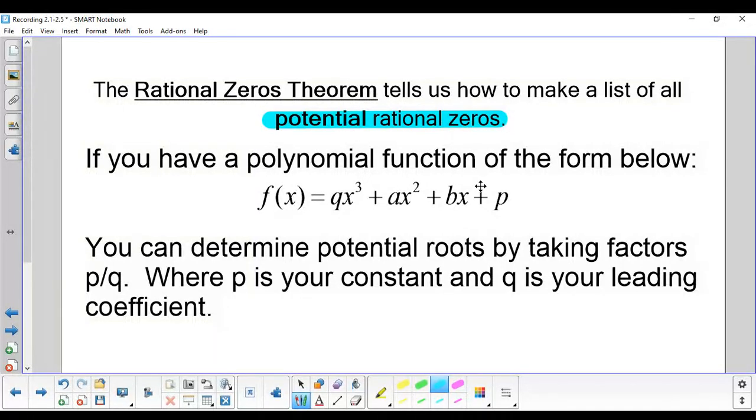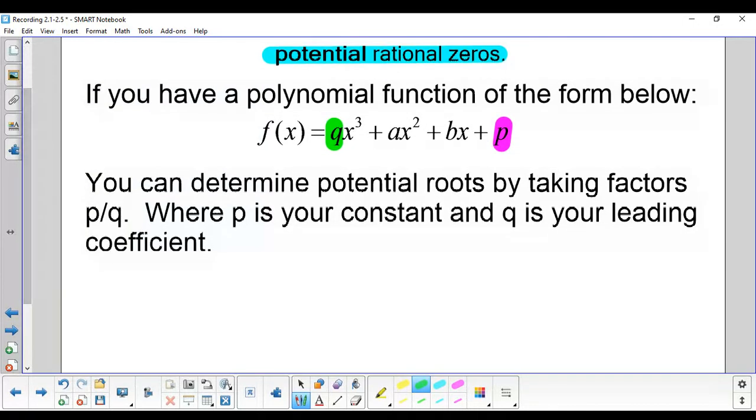And so how the rational root theorem works is we are going to take and look at our polynomial function, and we can determine the potential roots by taking the last number, or our constant, divided by our leading coefficient, which would be q.